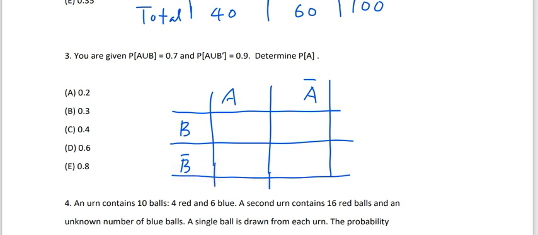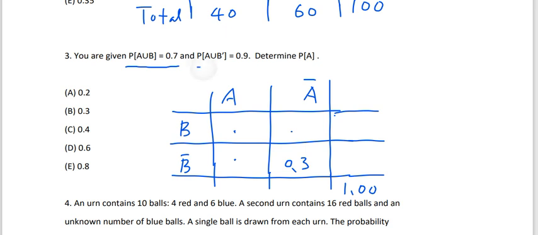By now we just put the total as 1. So the probability for A or B is 0.7. Where is A or B? Here's A, there are 2 cells for A, then there's B, so 3 cells put together make A or B. So A or B is 0.7, so we know this should be 0.3.